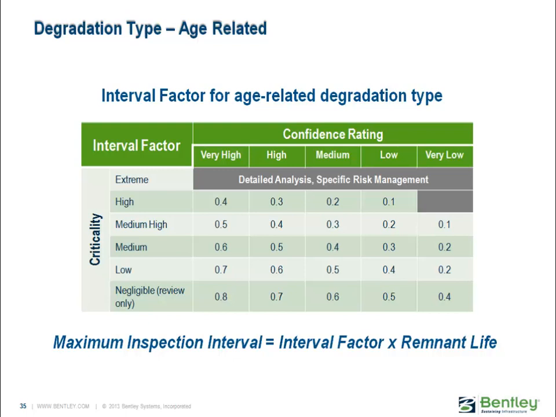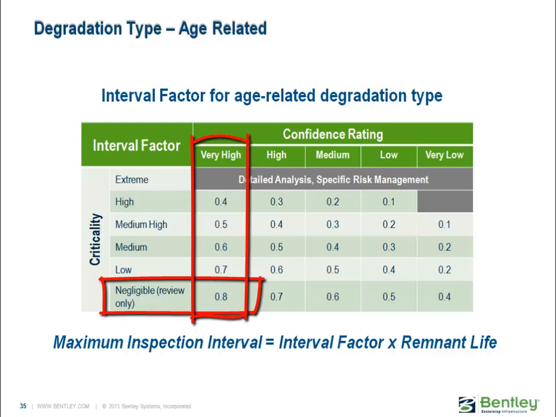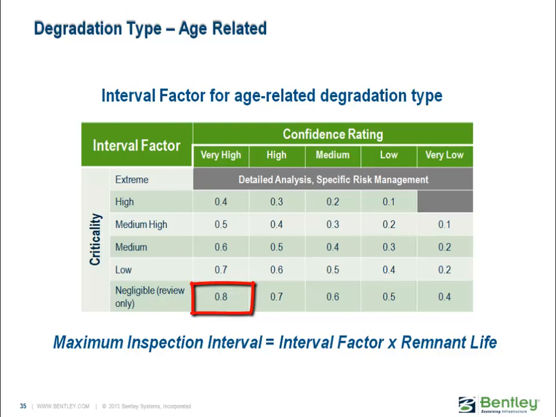For example, for an asset with a negligible criticality and very high confidence, the interval factor can be a value of 0.8. This means that the next inspection for this asset can be scheduled at 0.8 times its remnant life from the current inspection date.